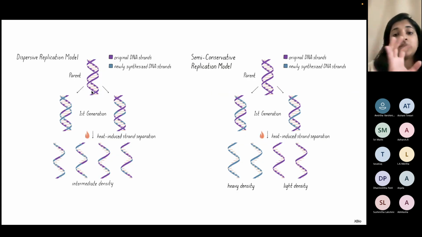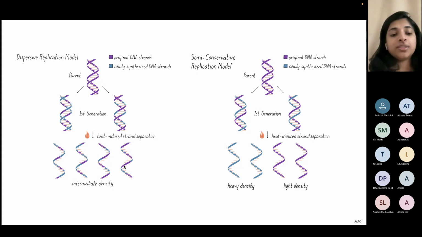Now, to differentiate between the dispersive and semi-conservative models, and to say conclusively what the mechanism of DNA replication is, they performed another experiment wherein they took the daughter cells' DNA and subjected it to heat. This will cause strand separation.